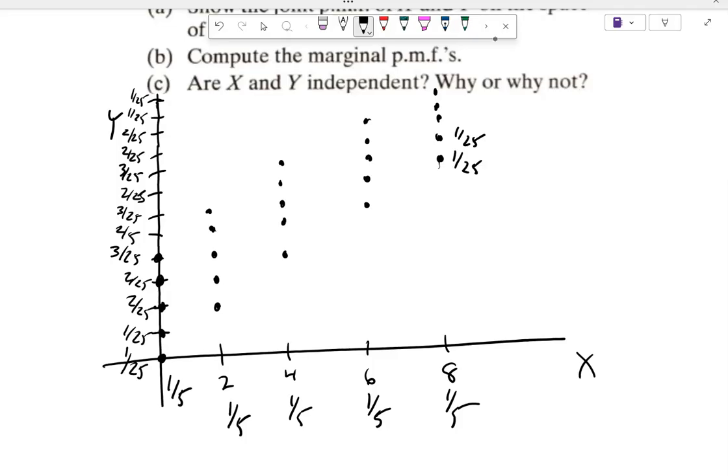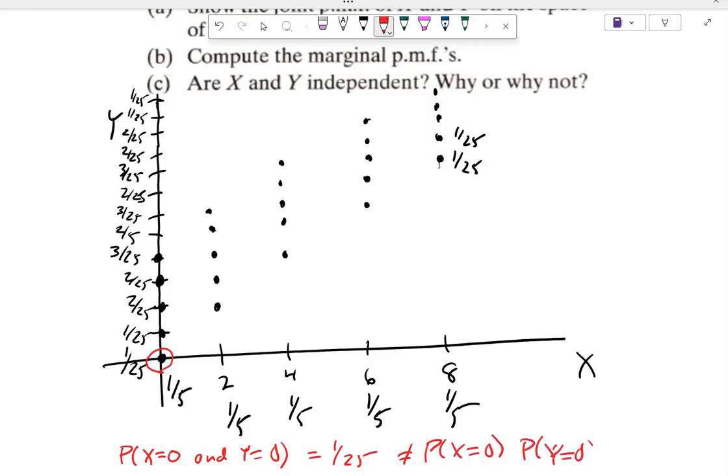Okay. All right. Well, let's look at this dot right here. The probability of that dot happening, that would be the probability that x is 0 and y is 0, right? We've already calculated that to be 1/25th. Is that the same as the multiplication here? No. Which is not equal to the probability that x is 0 times the probability that y is 0, because you get 1 over 1/25 if you actually multiply those two things, right?